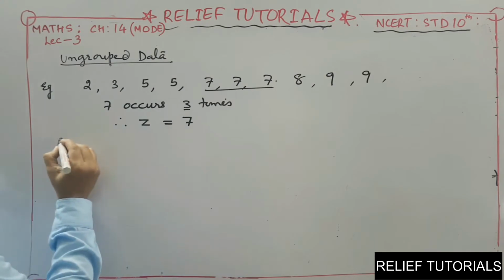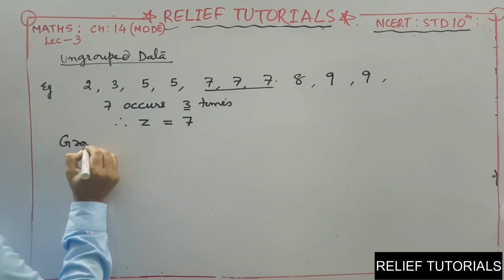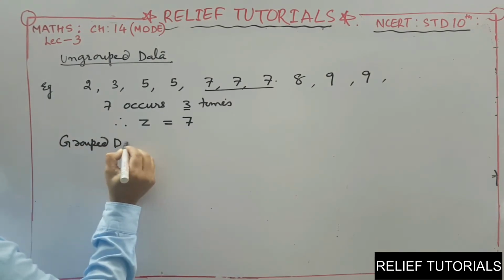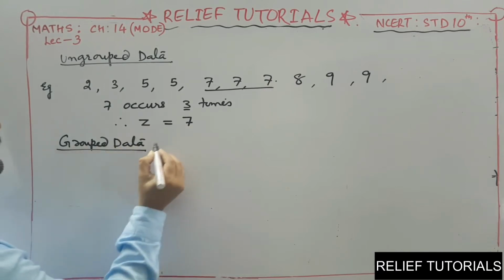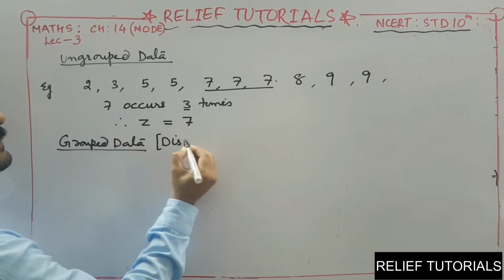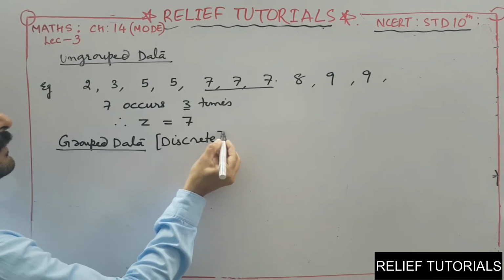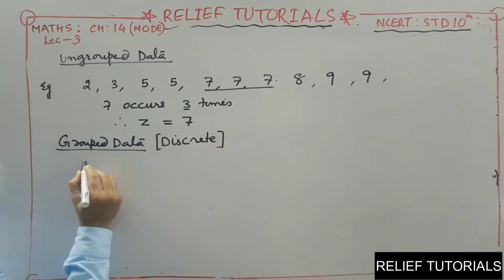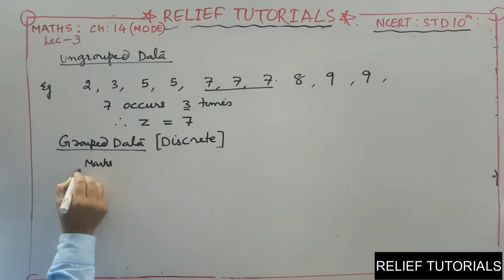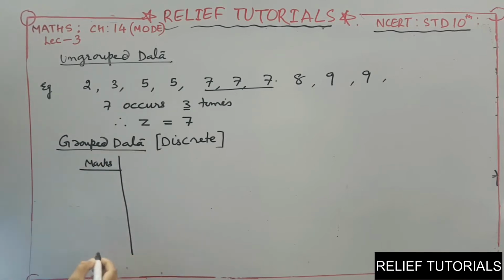Now we will find mode for group data, that is for discrete data. Example, suppose we have conducted a test of 5 marks. So 1, 2, 3, 4, 5, these are the marks.